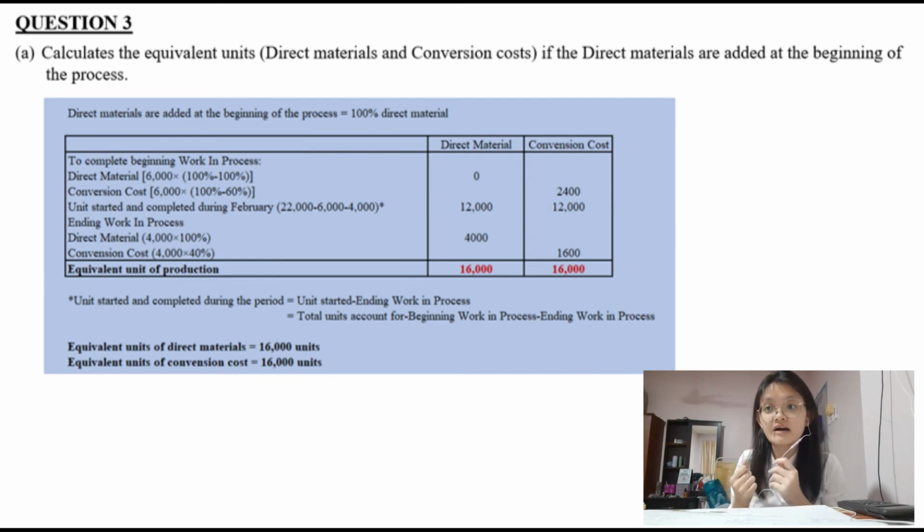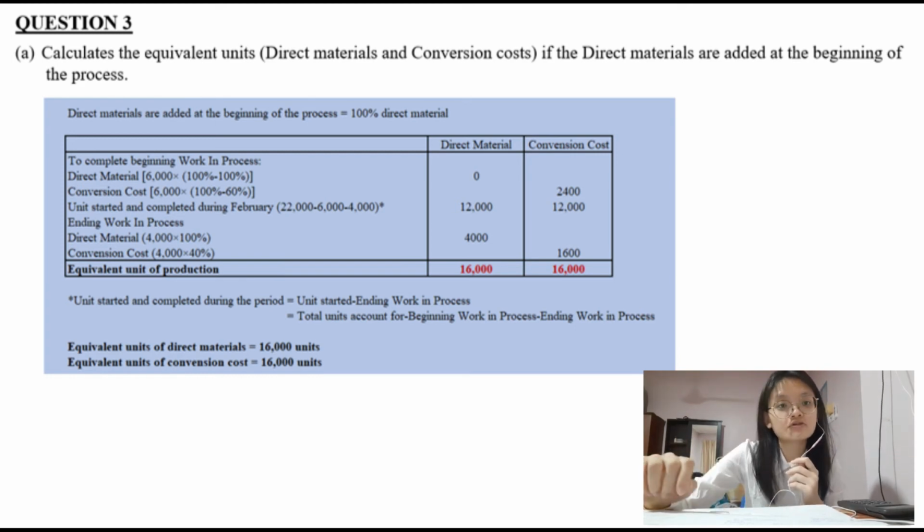And first, we will calculate the beginning work in process for our direct material and the conversion cost. During this calculation, we need to use the physical units of beginning work in process times the percentage that needed to be completed. So if we want to find the percentage that needed to be completed, we need to use 100% minus the percentage of completed, which means that for the direct material, the beginning work in process will be 100% completed for the direct material.